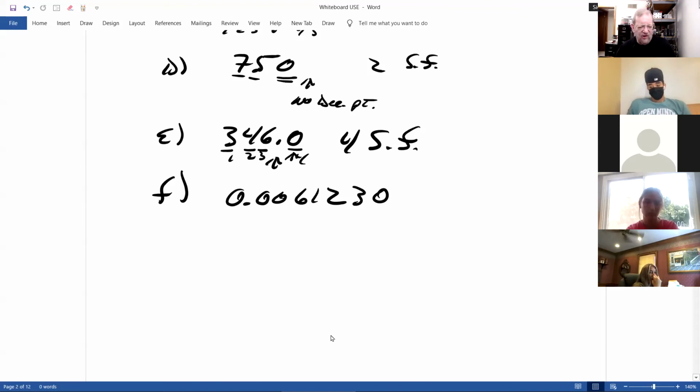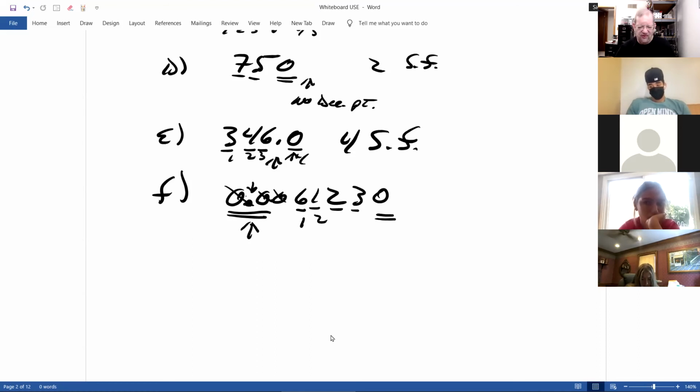All right. Lead zeros when there's a decimal point are not significant. Non-zero numbers are this one, this one, this one, this one. Notice we did have and do have a decimal point, and zeros at the end with a decimal point shown are significant.